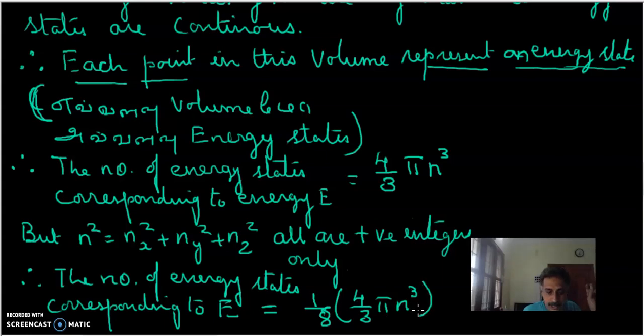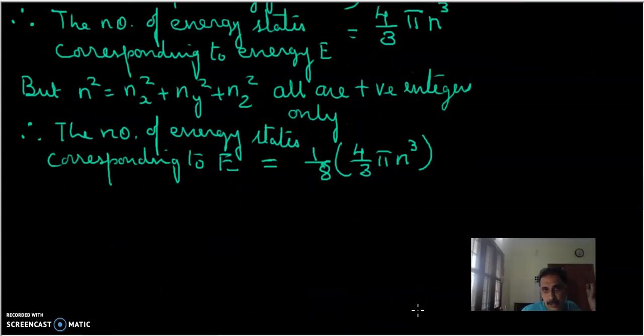Because we have to consider only the first octant, 1/8 of the volume. அங்க quadrant னு சொல்லுவோம், இங்க octant, first octantல இருக்கிறது மட்டும்தான் nx, ny, nz will be positive. Therefore 1/8 into 4 by 3 pi n cube, இது என்ன வரும், 4 னு 2, இது அடிச்சோம்னா 2 ஆகுங்க, அப்போ 6, 1/6 pi n cube. So this is the equation number 1. Let this be equation number 1.